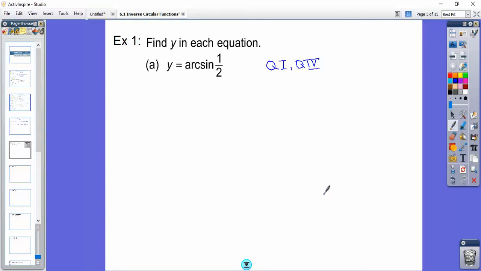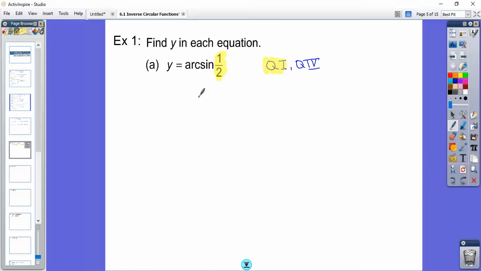I'm only going to get one answer to this problem. Because 1/2 is a positive number, out of these two quadrants I have to pick the one where sine is positive. So that will be quadrant 1.